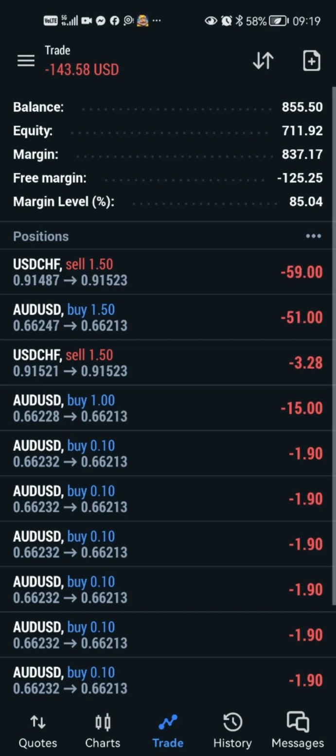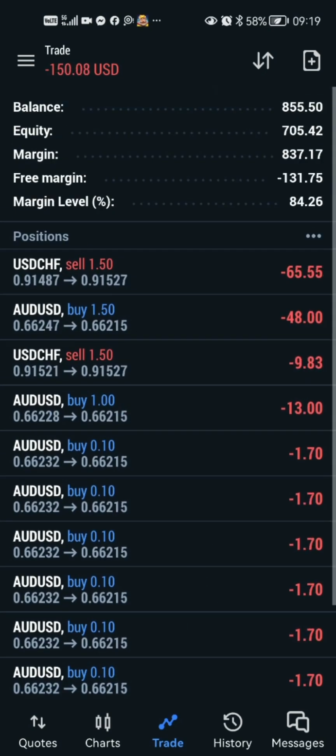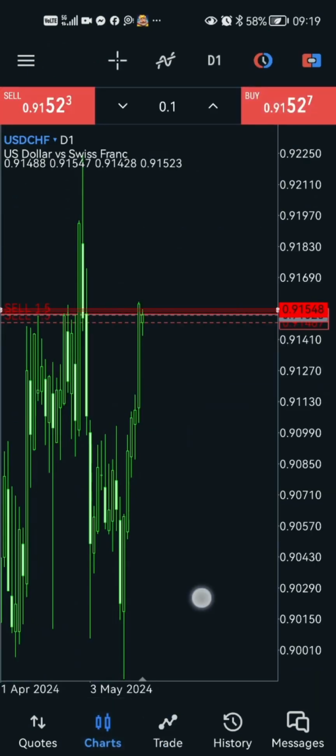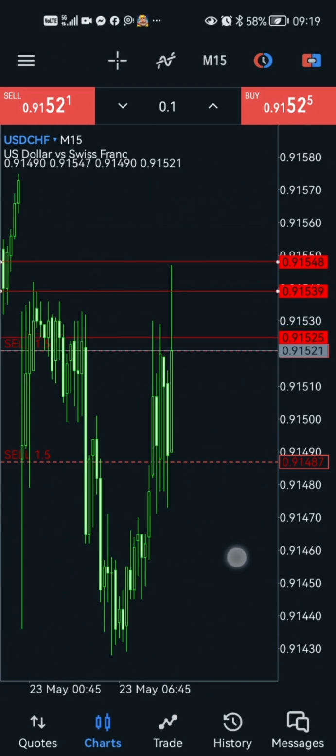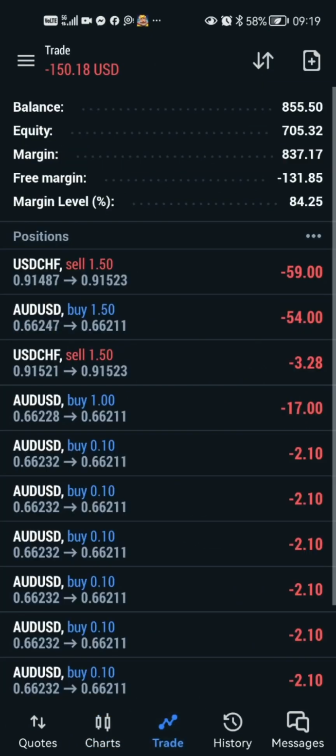Hopefully our entry points were solid. If they were, your account will survive the retest, even if you did enter a little aggressively. It was saying like minus 250. I missed it at the peak because I just switched on the phone now, but we'll still hold. And yeah, let's go, let's see what happens.